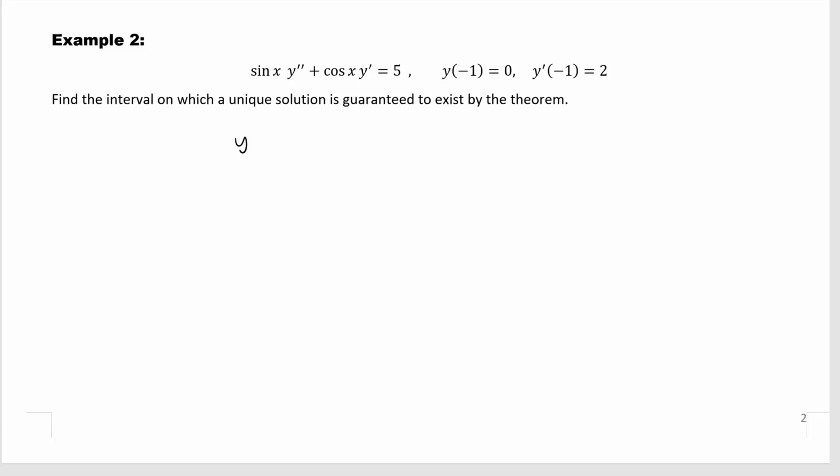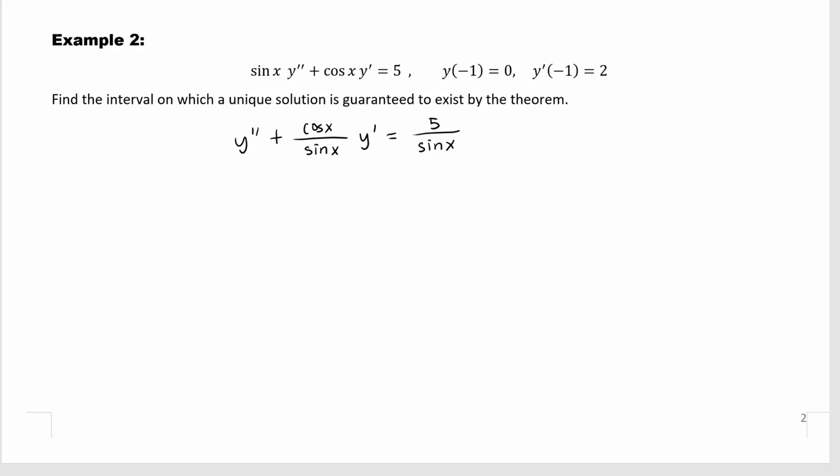So y double prime plus cosine x over sine x times y prime equals 5 over sine x. So the first step is to make it into the standard form. If you don't do it, oh my goodness, you get the whole problem wrong, right?